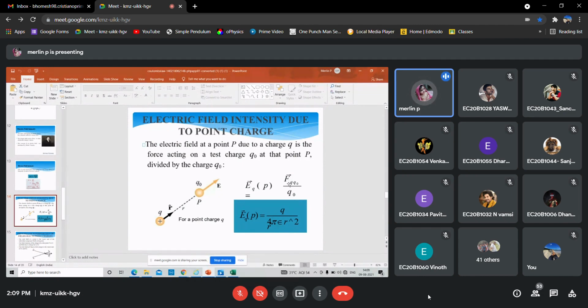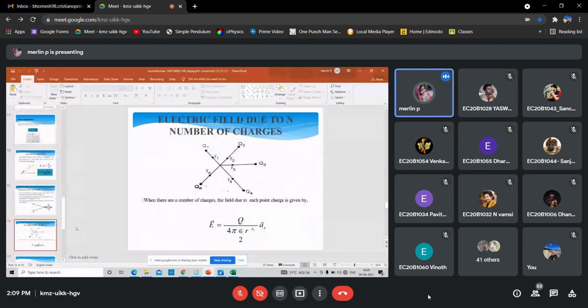E is equal to F of Q into Q0, that is the force, divided by Q0. Then Q0 and Q0 get cancelled. So what will we get? F of Q divided by Q0 can be written as Q by force. Force can be written as Q by 4 pi epsilon naught into r square. So this is what I have told, I have repeated it.